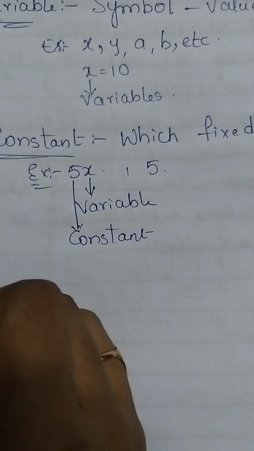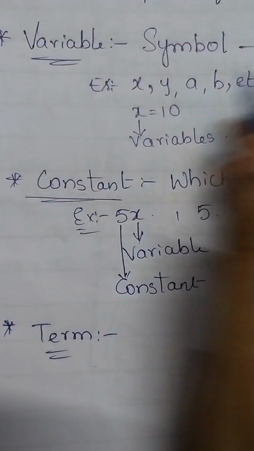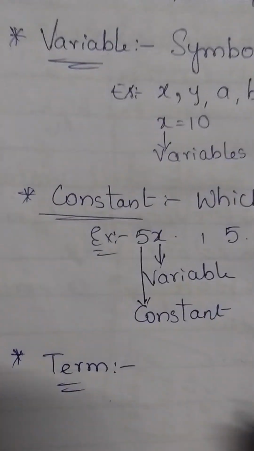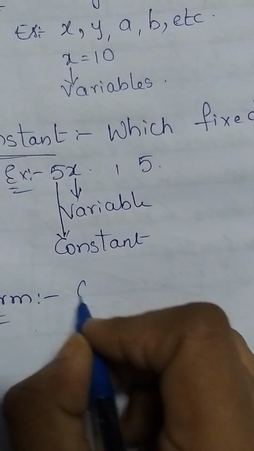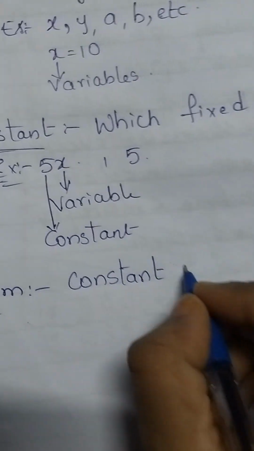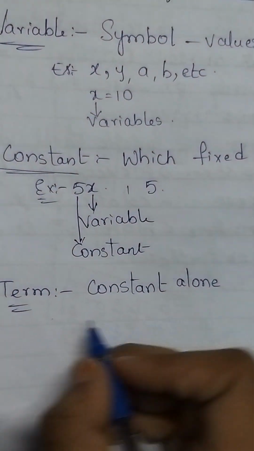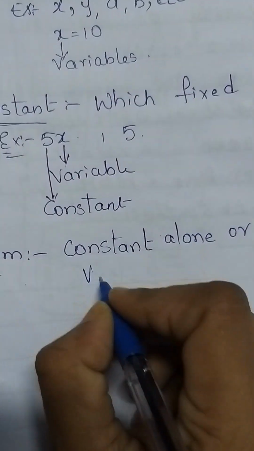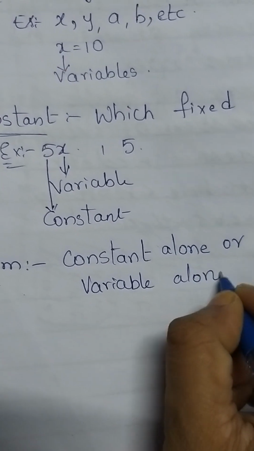Okay. What is a term, children? Like this we have another definition, that is, another term. Term means a constant number written alone is called a term. Or if we write a variable alone, that is also called a term.